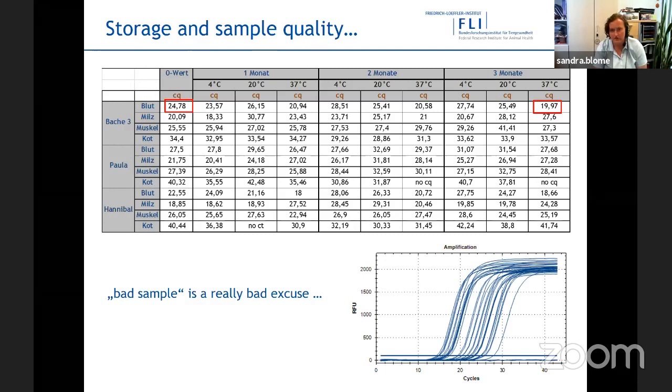It's the fridge, the freezer, and the incubator. And in the end, I just put there these red squares. For the blood at day 0, it was even lower in genome load than the sample that we took after 3 months at 37 degrees centigrade. So please don't tell me that the sample is too bad. It's usually a bad excuse.